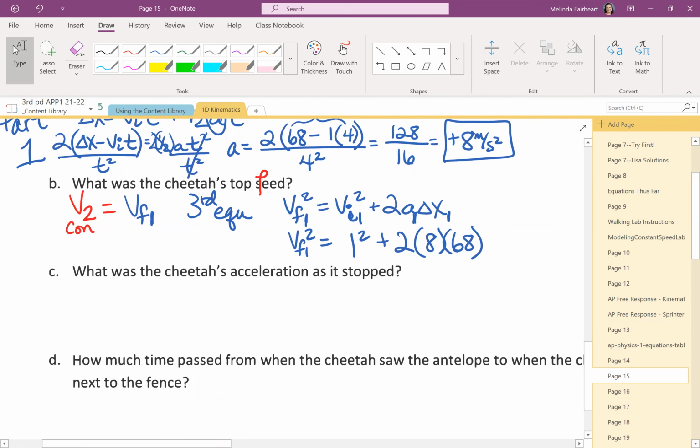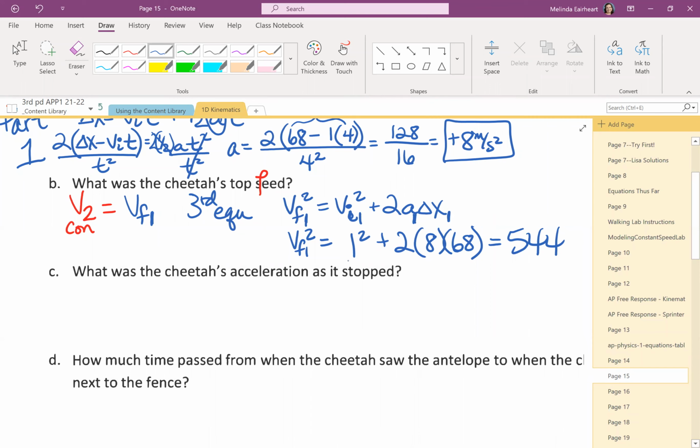And so whatever 16 times 68 is, someone grab a calculator or pull it up on your laptop. And don't forget to add the 1. Let me know what you get. Say it one more time. 544, and that's after you added the 1? Okay, so we get 544.